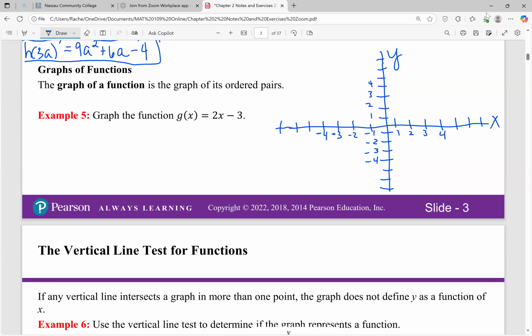So let's make a table of values so we could come up with some ordered pairs. Now, g of x equals 2x minus 3. That's just a linear function, and we went over linear equations in chapter 1. So we see that's in the form y equals mx plus b.